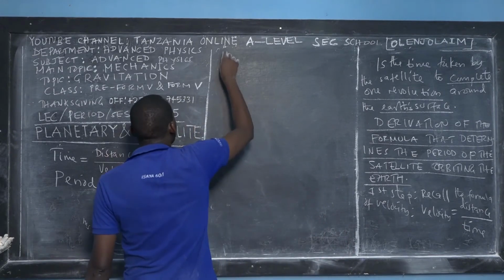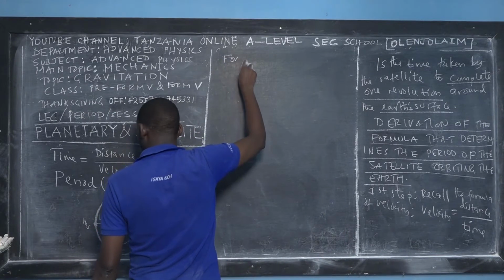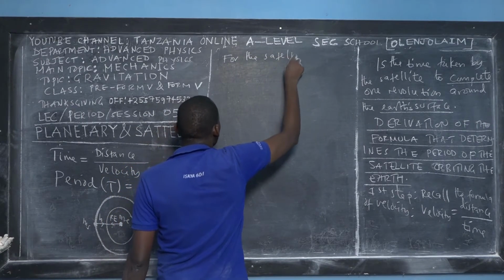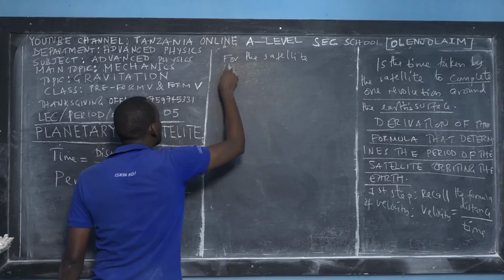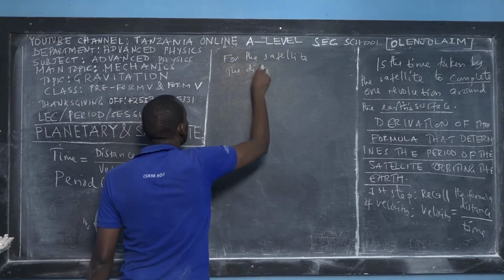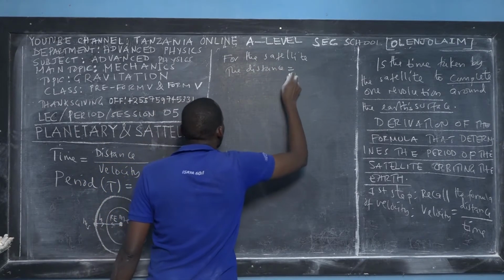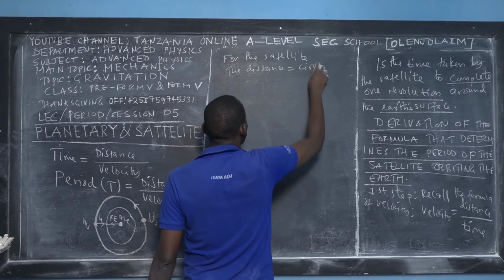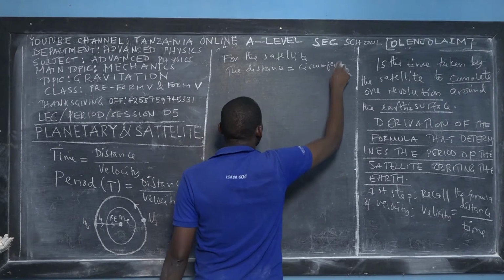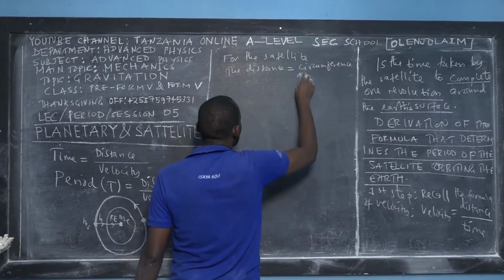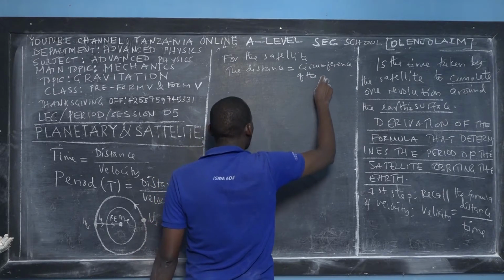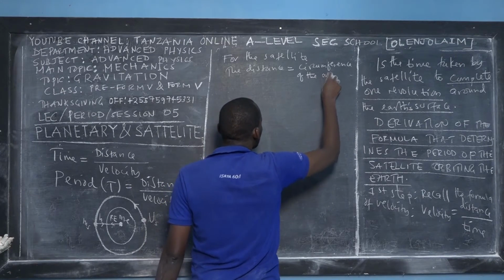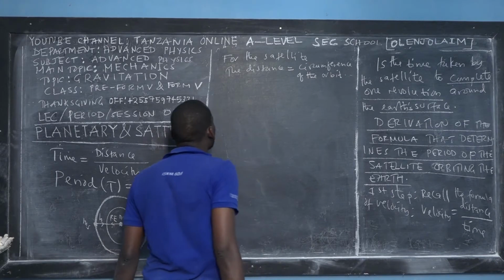So for the satellite, we say that the distance is equal to what? The distance is equal to the circumference of the orbit.